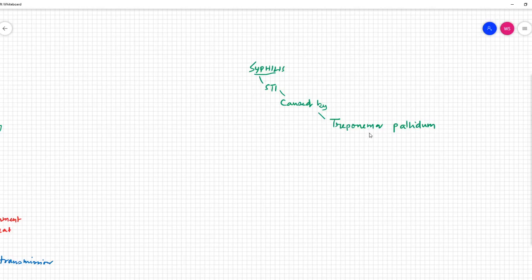So what is this Treponema pallidum? This is a gram-negative organism. Gram-negative bacteria, and due to its shape, it is called a spirochete.